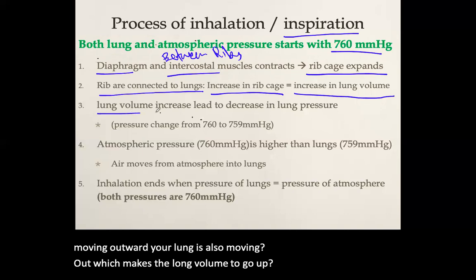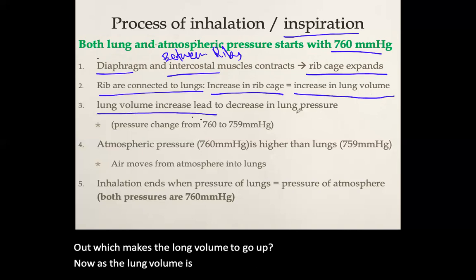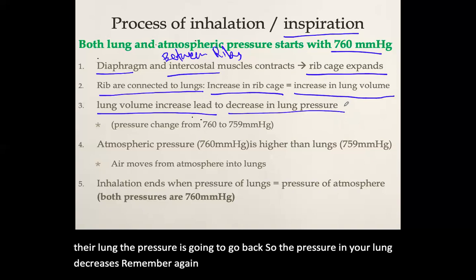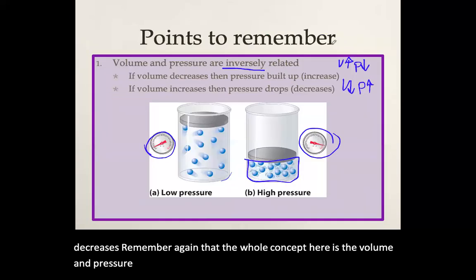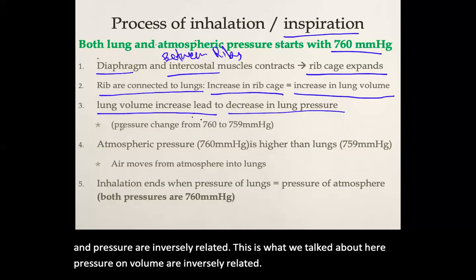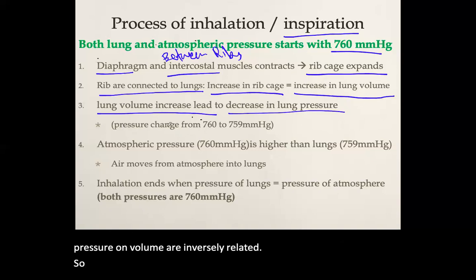Now, as the lung volume is increasing, right, because you're expanding the lung, the pressure is going to go back. So the pressure in your lung decreases. Remember again, the whole concept here is that volume and pressure are inversely related. This is what we talked about here. Pressure and volume are inversely related. So as the lung expands, the pressure of the lungs goes from 760 to 759.